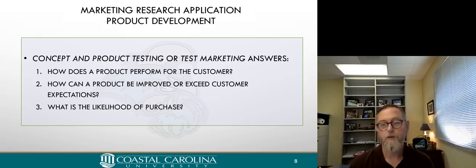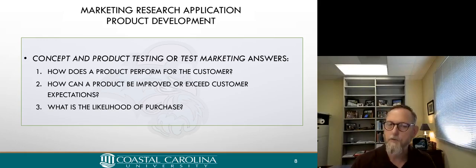The final one here is a test market. This is something we do right before we launch the product. Basically the product is produced and we put it into a small representative geographic location that would represent the market, for a period of time, like a week or 2.